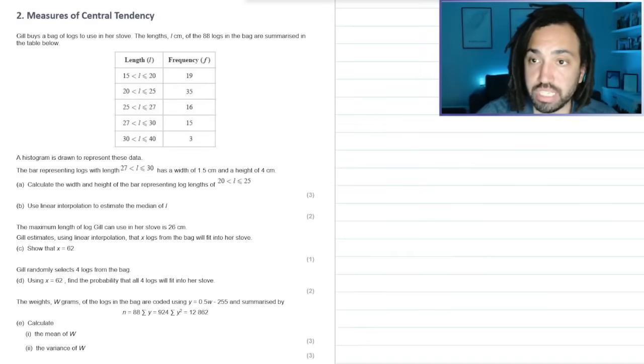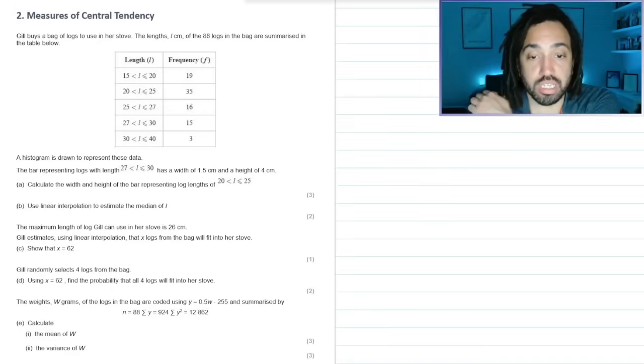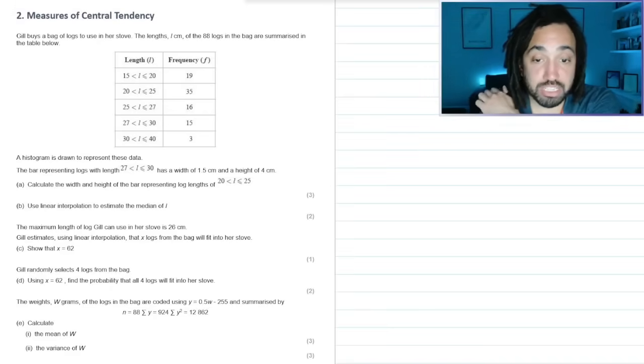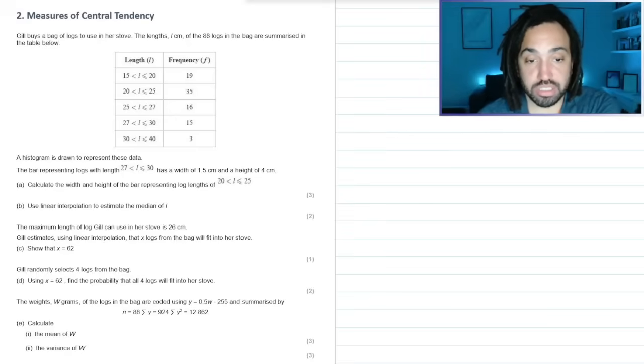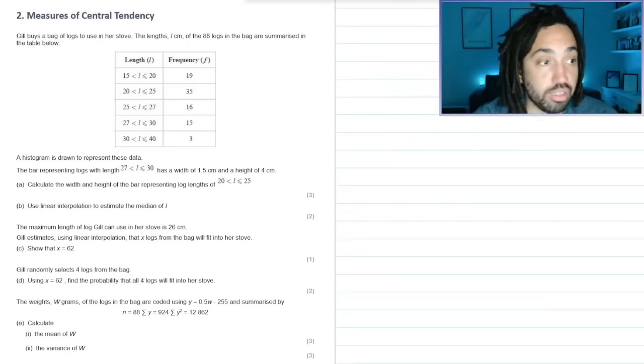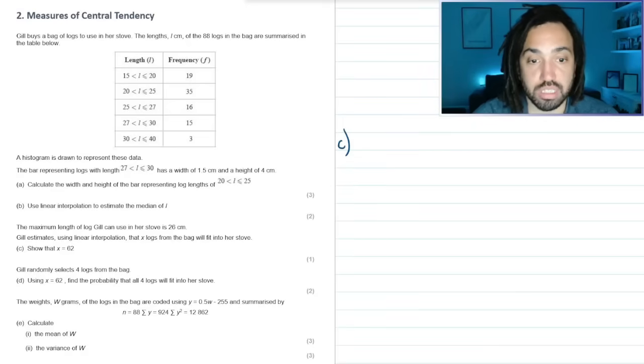Okay, part C. Jill can only use logs in her stove a maximum length of 26 centimeters. So she estimates using interpolation that X logs will fit into her stove. Okay, well, it's only a one marker, so I don't think we need to use full interpolation. I think it should be nice and straightforward.